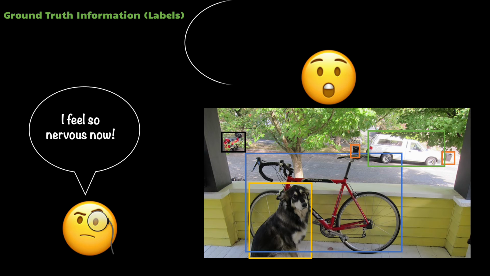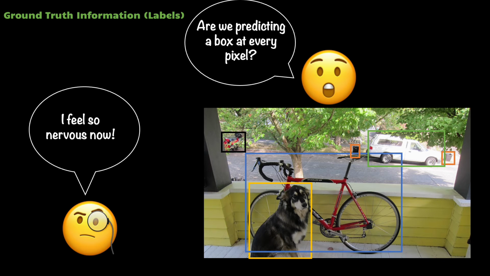For example, one simple thought could be that in order to come up with a fixed number of predictions by our neural network, we assume that we are predicting a box at every pixel in the image. So here, let me lower your concern just a little bit, if not by a whole lot, by mentioning that we are using features to make the prediction. So we can say that we are predicting the box at a pixel or a cell in the feature space. This feature space is lower dimensional regarding its width and height than the input image. Nonetheless, for a given input image, the model still would be predicting a very large number of boxes.